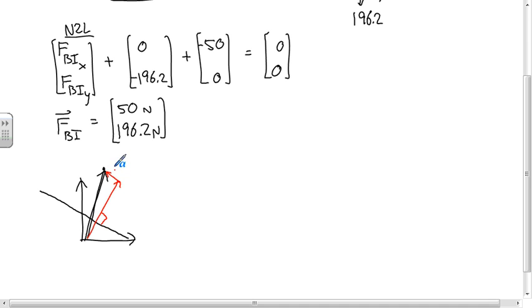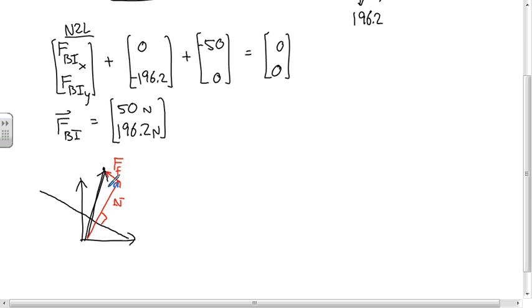This is going to be the friction force, and this is going to be the normal force. So what we have to do is come up with a unit vector in the direction of n, come up with a unit vector in the direction of ff, and then just take the dot product.